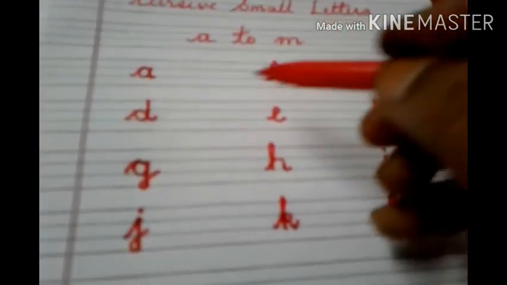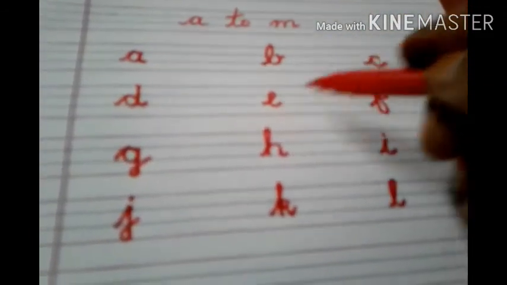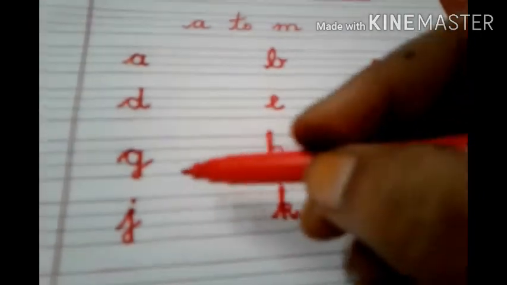A for apple, B for ball, C for cat, D for dog, E for elephant, F for fan, G for gun, H for hen, I for ice cream, J for jug, K for king, and L for leg.